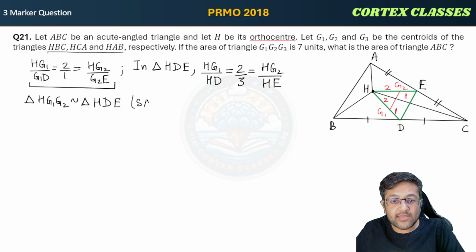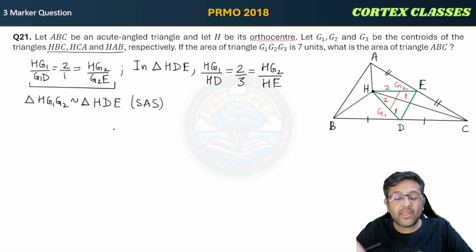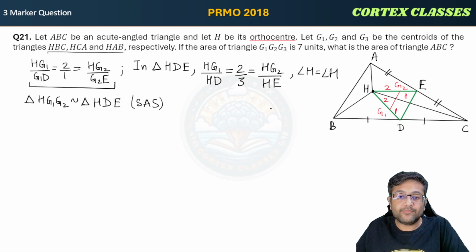You can say by SAS criteria, the ratio of the two sides is the same, and the angle is common, angle H is common, right? So I can write this. Okay, we have stated the ratio, and I can write angle H equal to angle H, right? It is common, because of which we can say this.